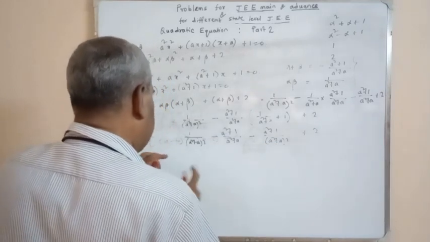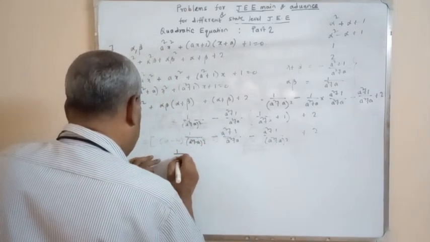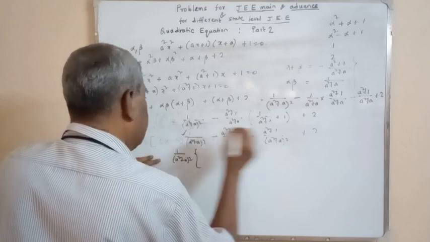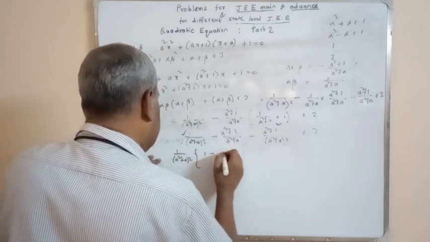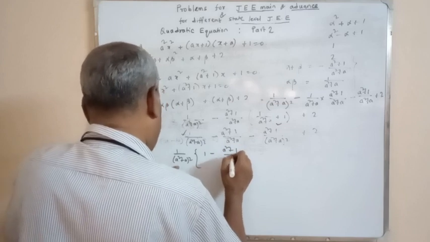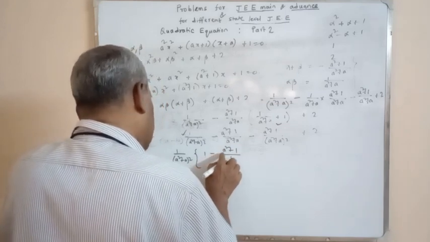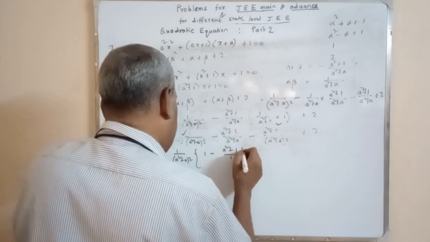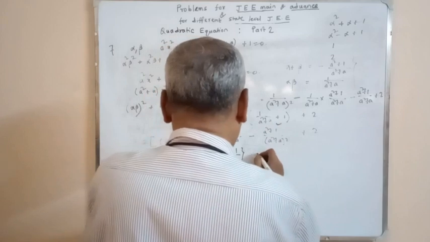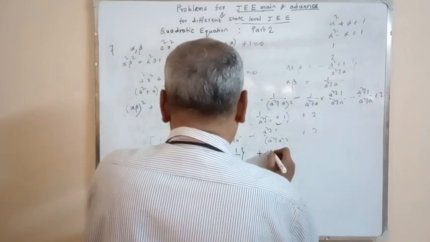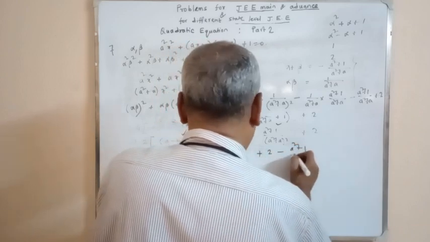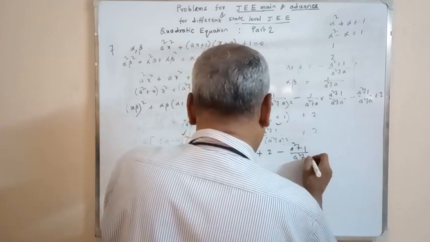From there, 1 upon (a square plus a) whole square, taking this and that, 1 minus (a square plus 1) by 1. That is 1 minus a square minus 1. So I have taken this and that, plus 2 minus (a square plus 1) by (a square plus a).